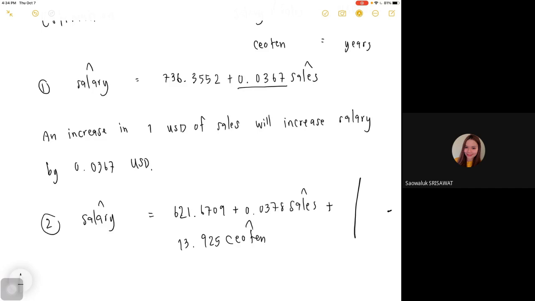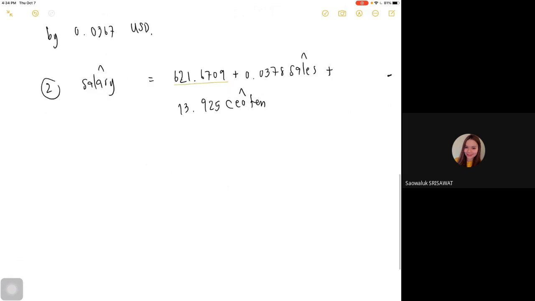This is what you get. And how to interpret it? Both coefficients here are exactly the same as the previous question, right? So it means that an increase of $1 of sales is going to increase salary by 0.03 US dollars.